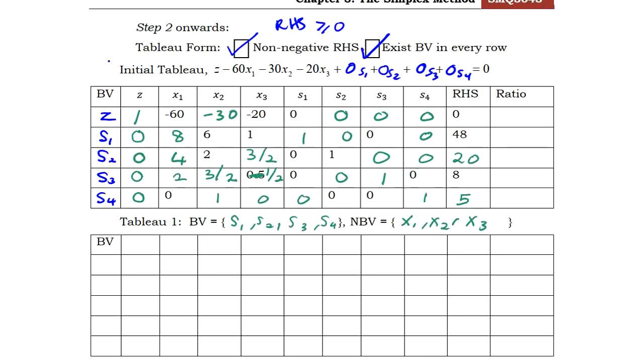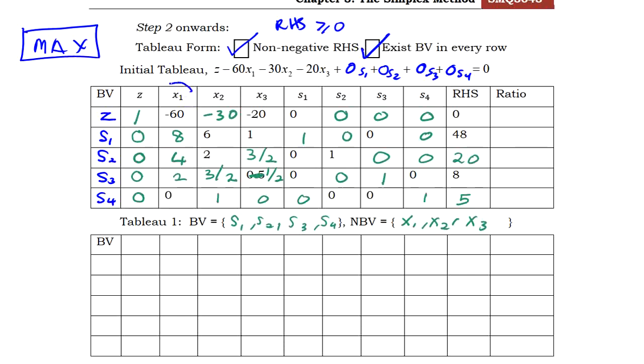For this example, the objective is maximize, right? So for a maximization problem, we choose the variable with the most negative coefficient as the entering variable.